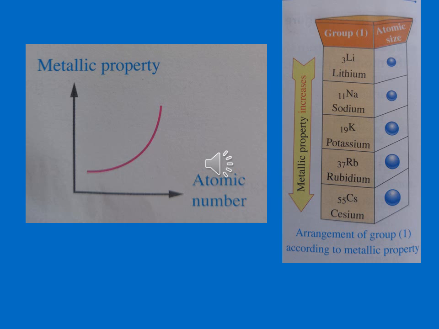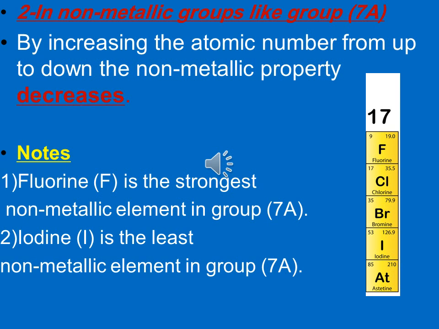So there is a direct relation between metallic property and atomic number in group 1A. As we said, the atomic number is increasing from up to down, so the metallic property is also increasing; it's a direct relation. In non-metallic groups like group 7A, as the atomic number increases from up to down, the non-metallic property decreases. Why?